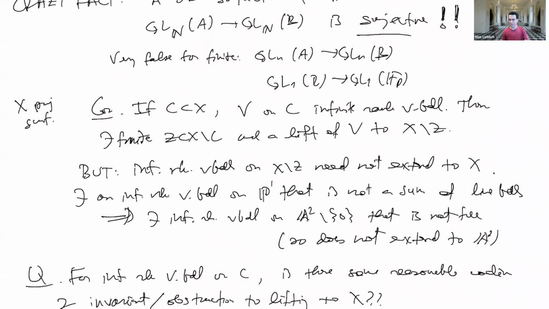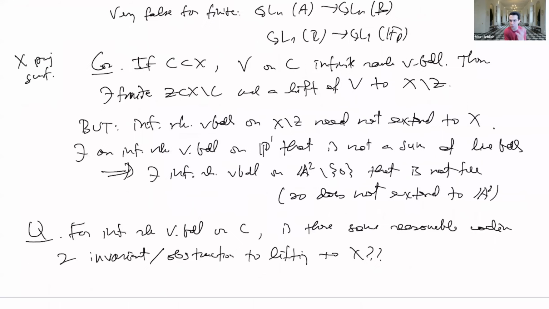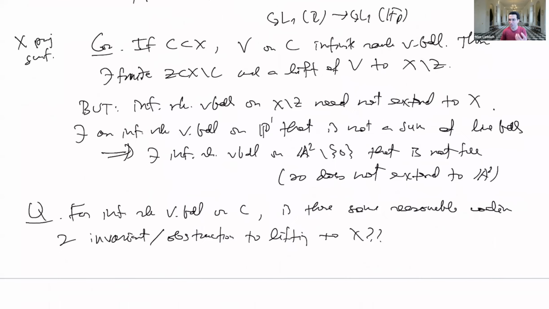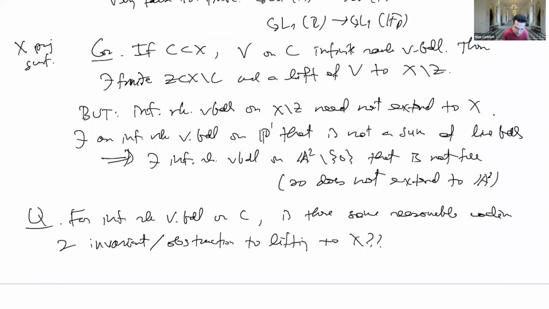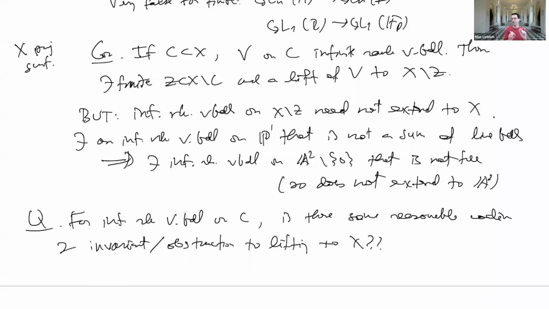There's lots of ways you can make this Z. You can write it down as the intersection of two ample divisors, or two very ample divisors of your choice. So there's lots of ways to make that Z, but it tells you there's some kind of weird codimension 2 phenomenon that's obstructing the actual lifting of the vector bundle that pushes the obstruction away from C itself. So I think there's some kind of a fascinating question there. I don't have any idea how to answer it.